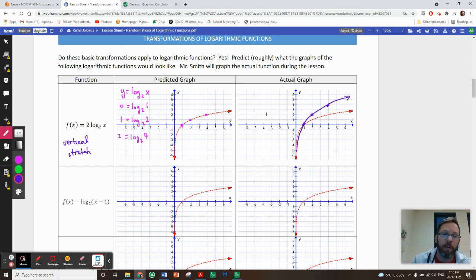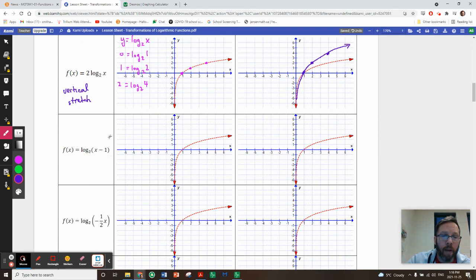So it basically has the same general shape, it's just stretched vertically. Log base 2 of x minus 1. We know this is a horizontal translation, and we know it's right 1 unit. So we're going to pick up our points and move them right 1 unit. (1, 0) goes to (2, 0), (2, 1) goes to (3, 1), and (4, 2) goes to (5, 2).